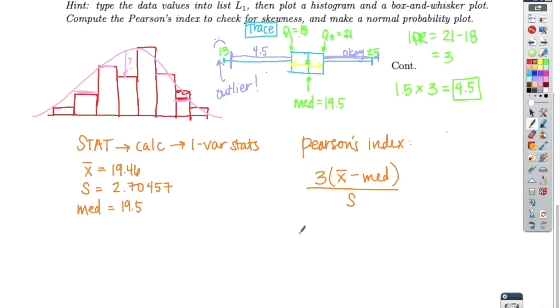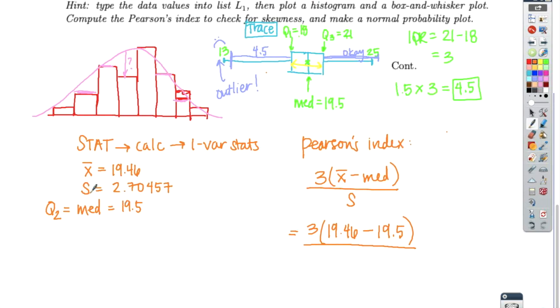Now I'm just going to plug in these values. So 3, and everywhere I see this X bar, remember that's the sample mean, so 19.46 minus the median. Remember another name for the median is just the second quartile. So 19.5 here, and then divided by the standard deviation.